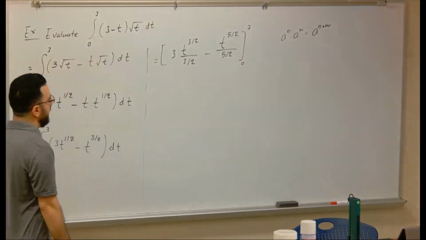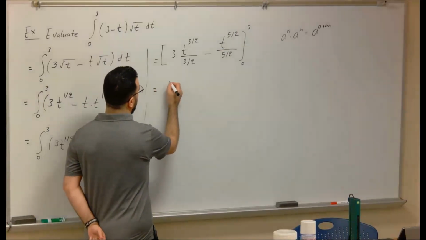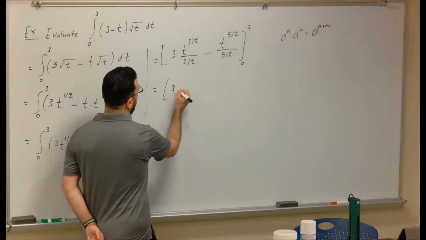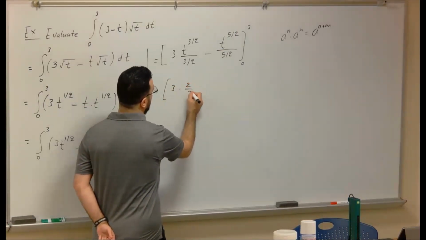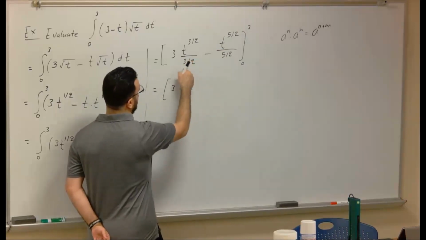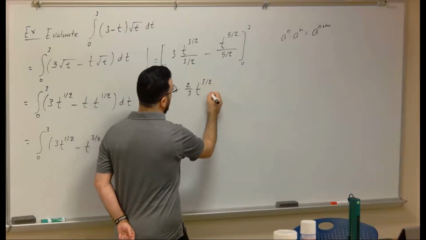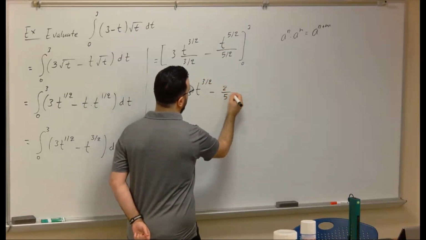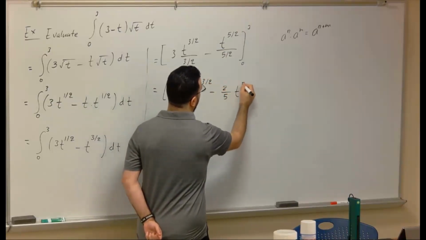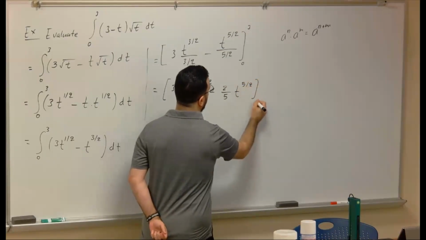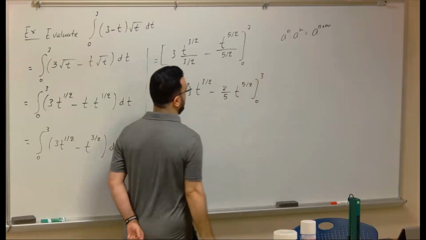Simplifying: this one is 3 times 2 over 3, and I flip the fraction, so t to the 3 over 2 minus 2 over 5 t to the 5 over 2, only from 0 to 3.